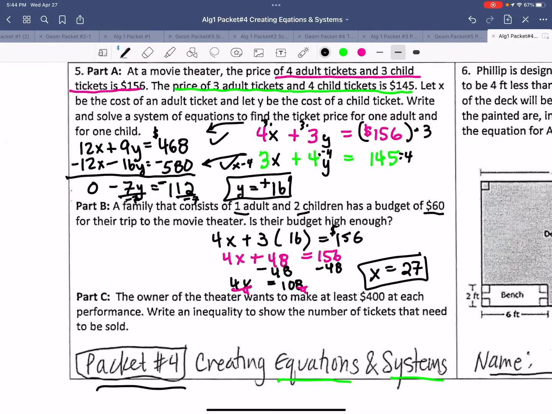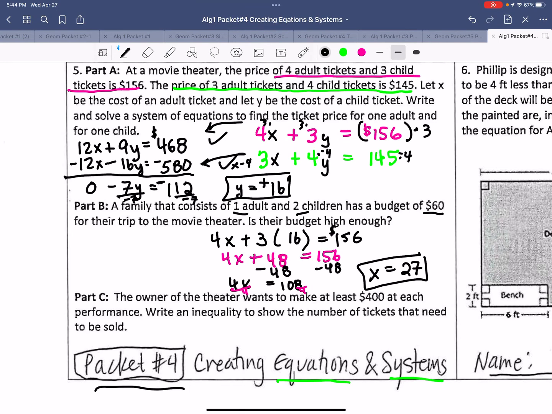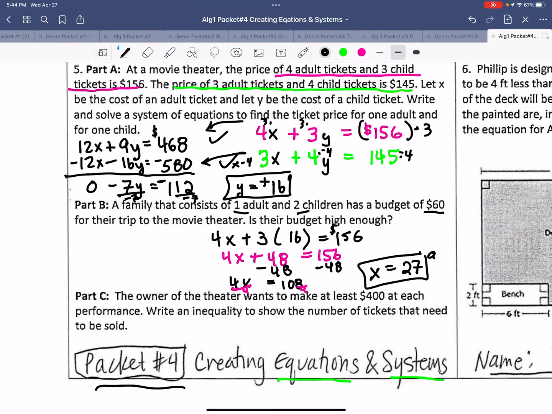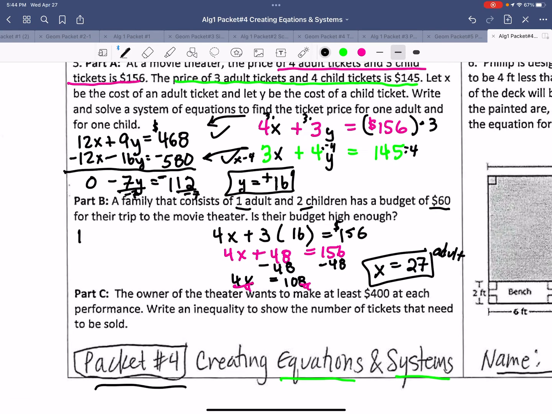So now it says, we've solved this, right? We know each adult, we made this X, each adult costs 27. So 1 times 27, and each child costs 16. So it makes sense. This is a little cheaper for a child ticket. So if you bring 2 kids for $16, how much will this cost? We want it to be less than or equal to 60.